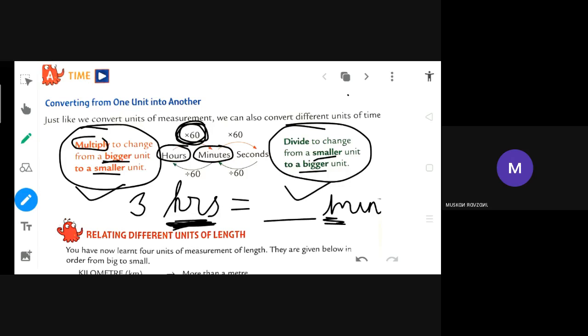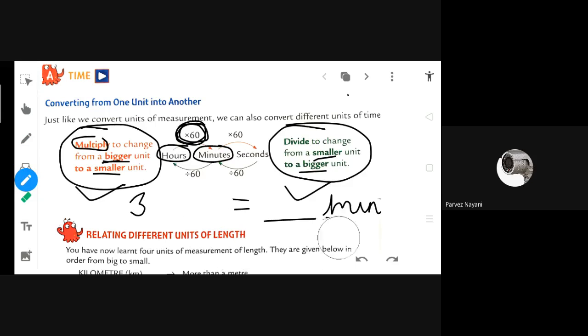Is this much clear, when to multiply? Yes, ma'am. Okay. Then here also second is given, this arrow. And this arrow shows that when you have to multiply minute to second, like instead of hour, minute is given, and instead of minute, second is given. Here 3 minutes equals to dash seconds.